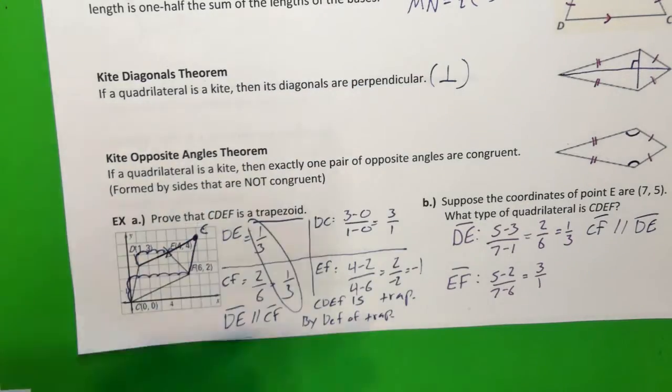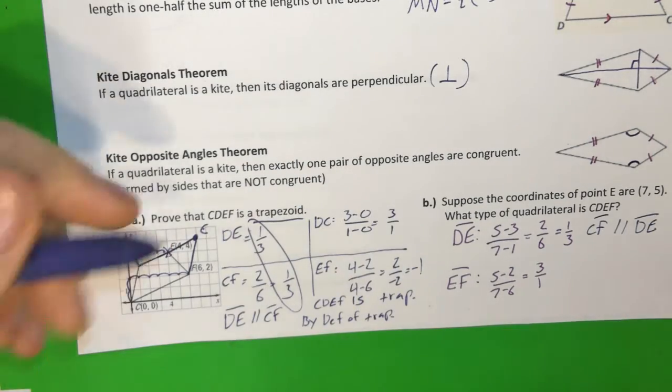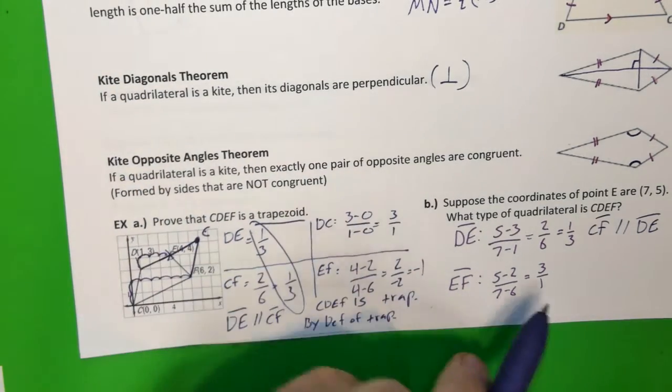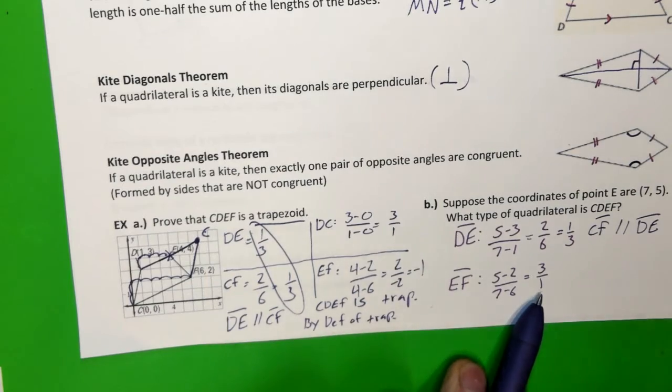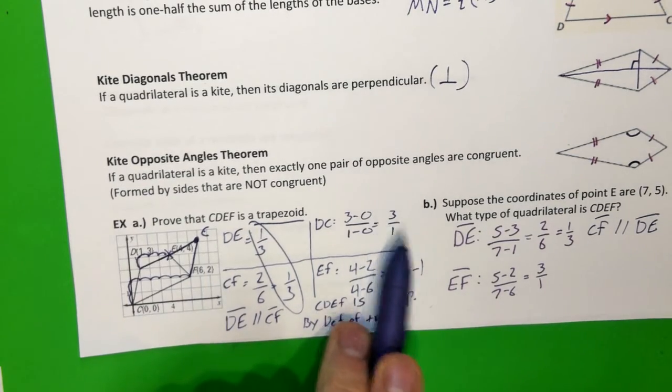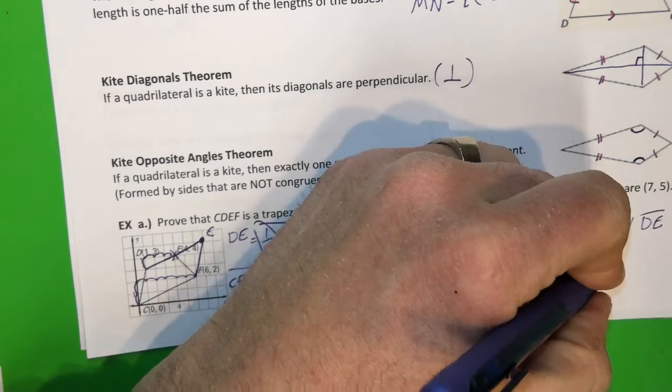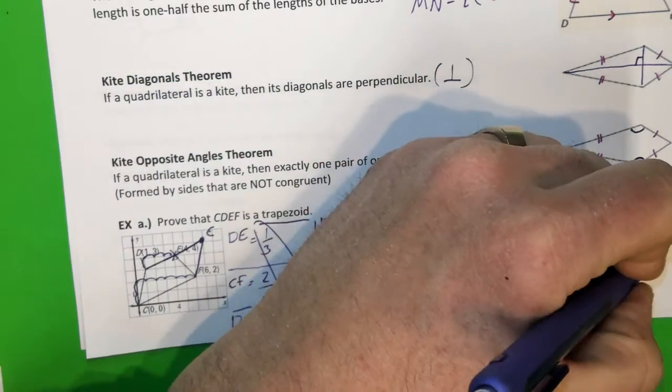So that would mean that we would still maybe have a trapezoid, right? Well, let's take a look at EF. If we bump over to EF, we'll notice that that one has a slope of 3/1 now, which matches the slope for DC. And that would mean that DC would also be parallel to EF.